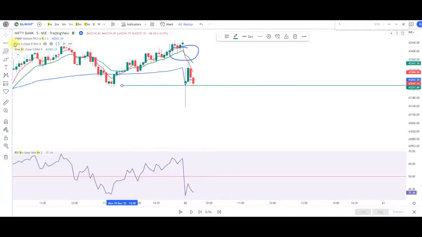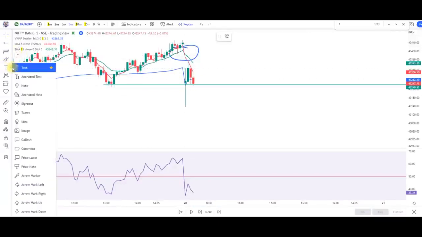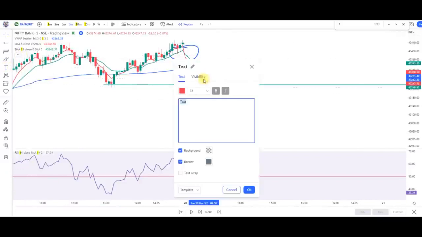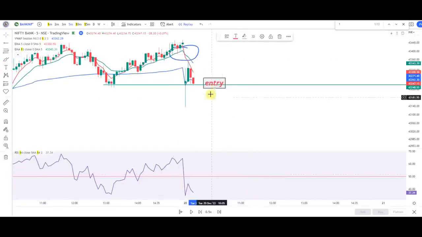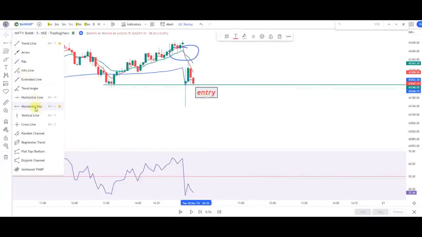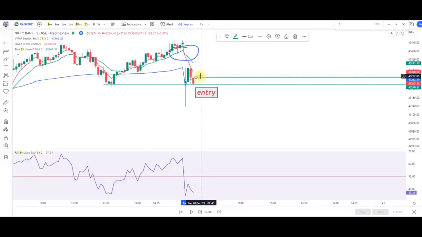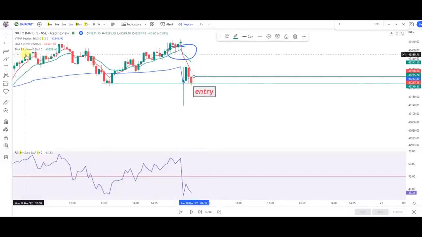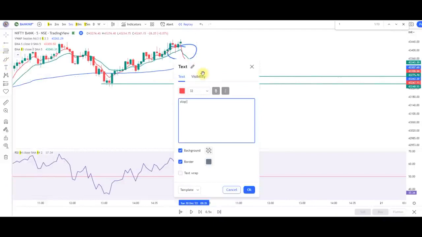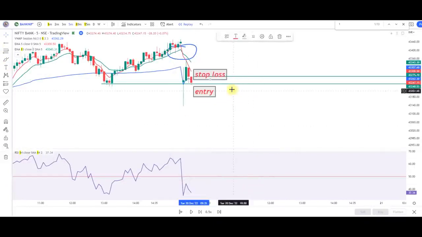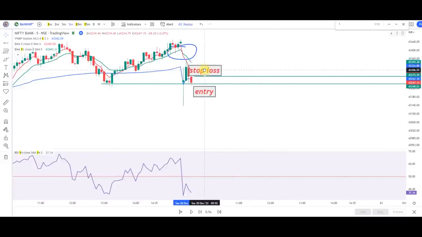Here is the entry. The entry for the sell side is below this candle, and the stop loss is here. Stop loss is above this red candle.